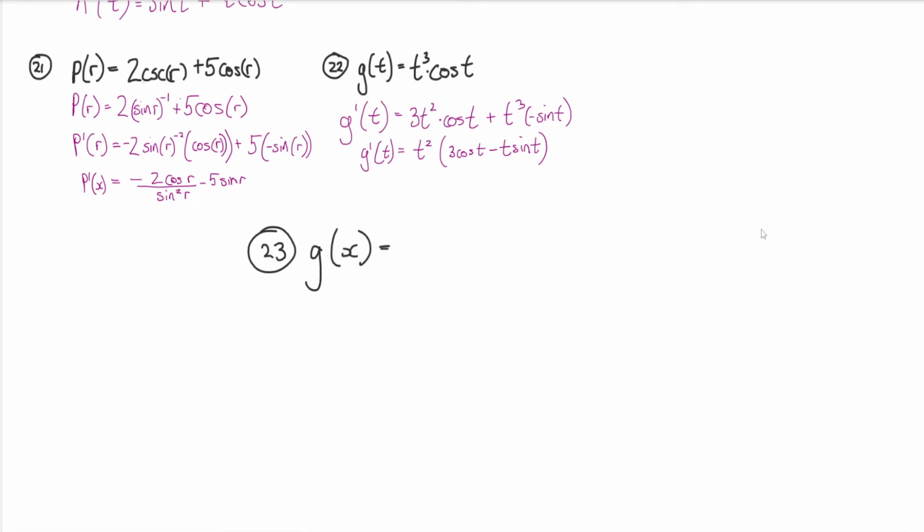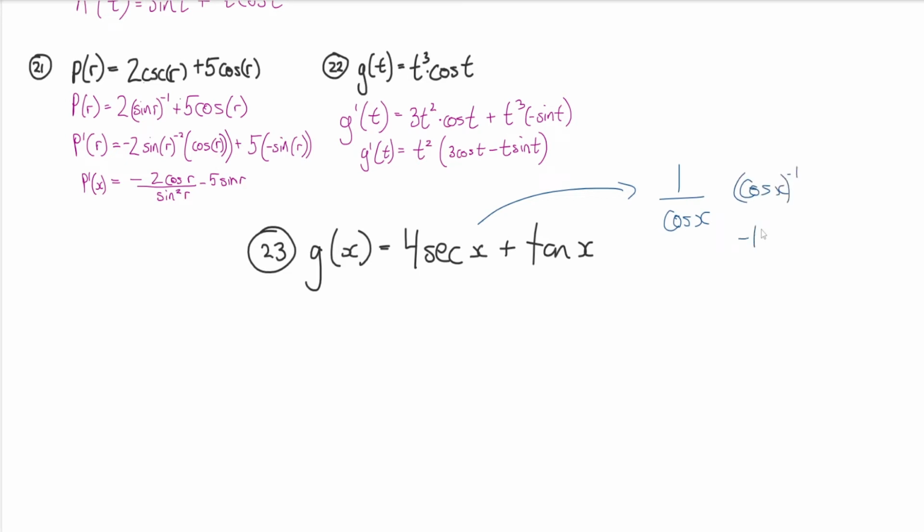Okay, we haven't seen this yet, so let's do it. For secant of x plus the tan of x. Secant of x is 1 over the cos of x, which is the cos of x to the minus 1.